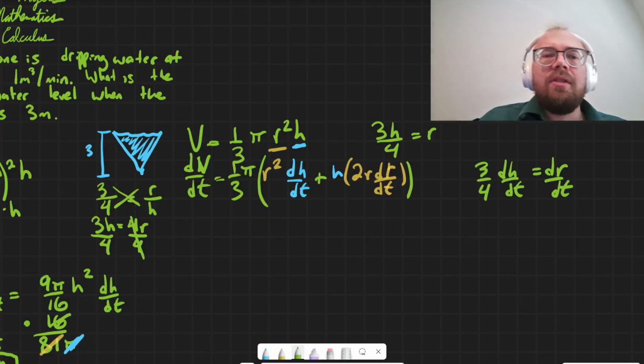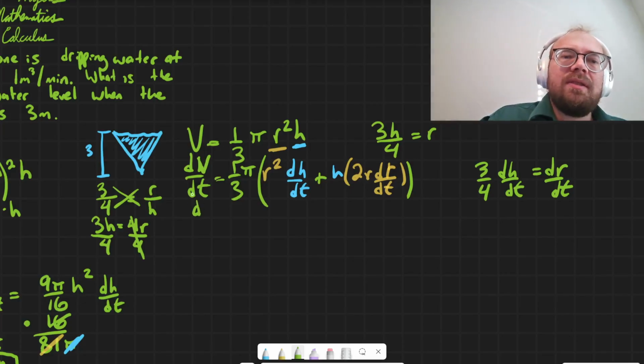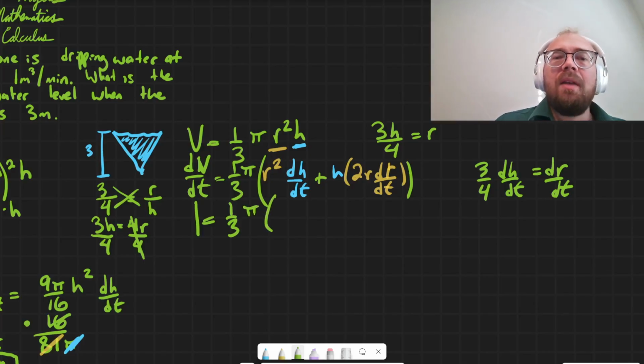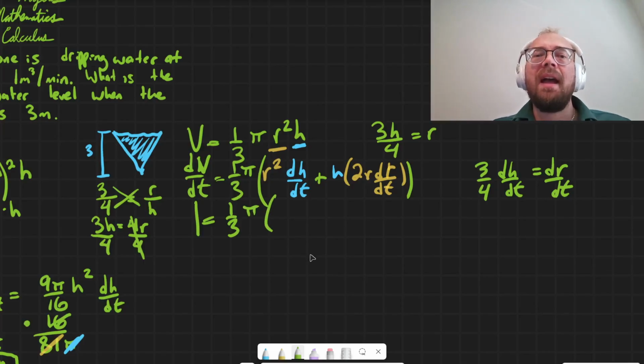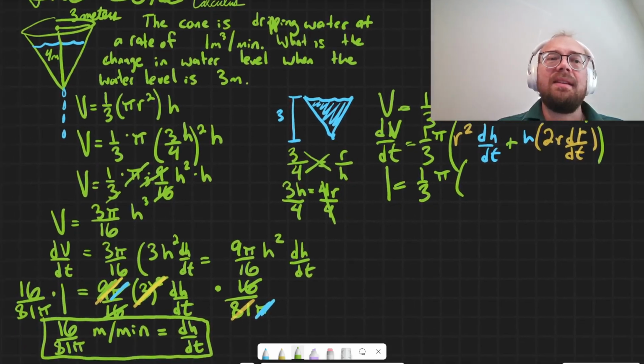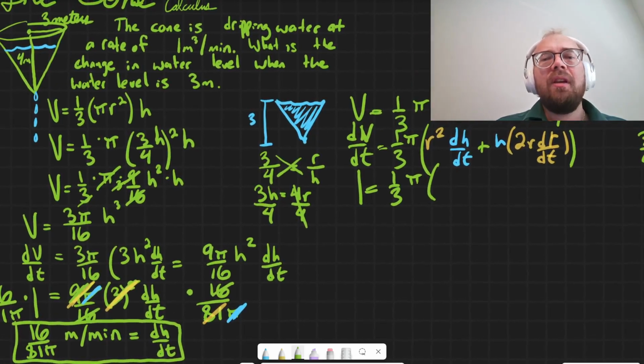Then what we can do is we can say, okay, so dv dt, which actually we can go ahead and plug that in. So dv dt is 1, right? And then 1/3 pi. And then the radius. So we don't actually know what the radius is, but it would have to have that proportion to it.